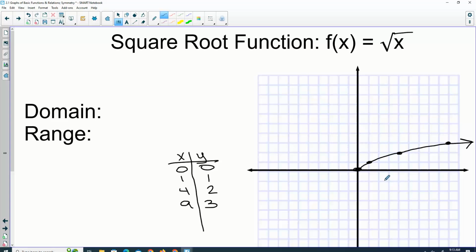Can you tell me the domain of that? Like left to right, what x's do we hit? We start at 0, go forever in the positive direction. Range is asking about my y's, so if we start at the bottom, get 0 to infinity.